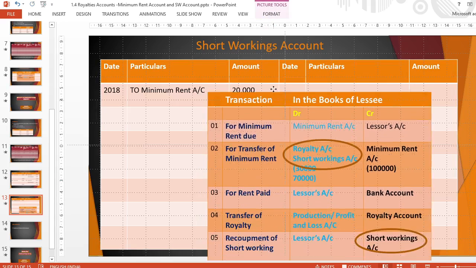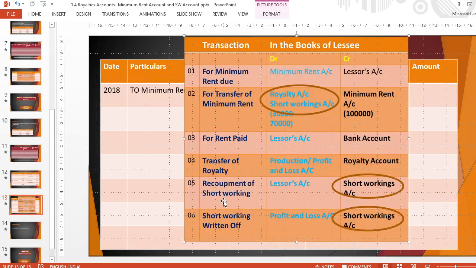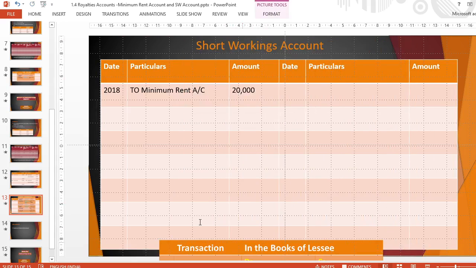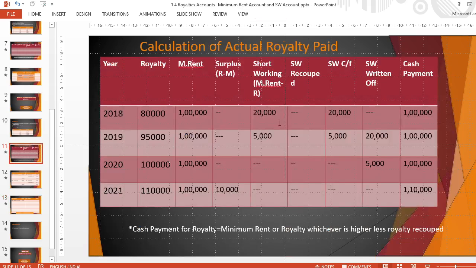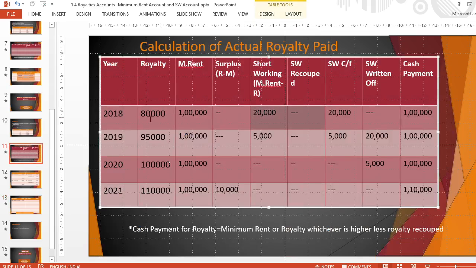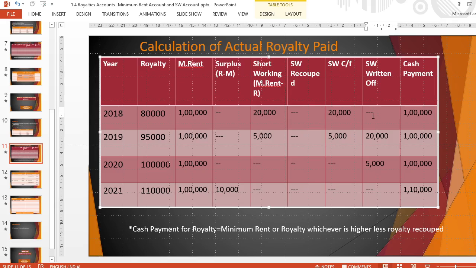And again check. The second transaction is for recoupment and the third is written off. So check the table. Is there any amount for recoupment? In 2018 there is no amount for recoupment and written off. So the second and third entries will not appear for the first year.